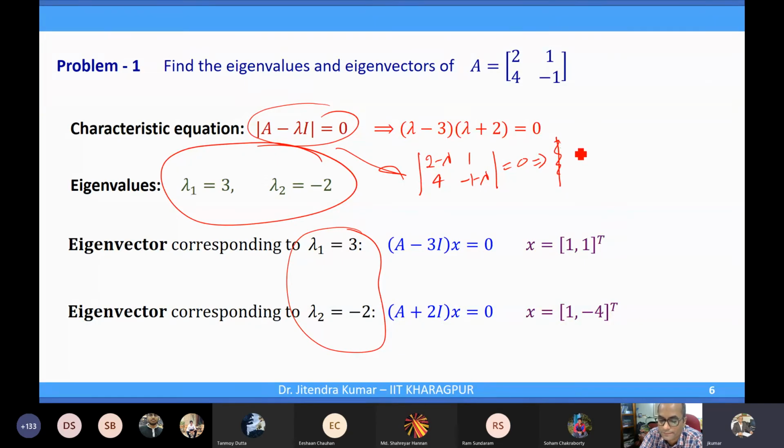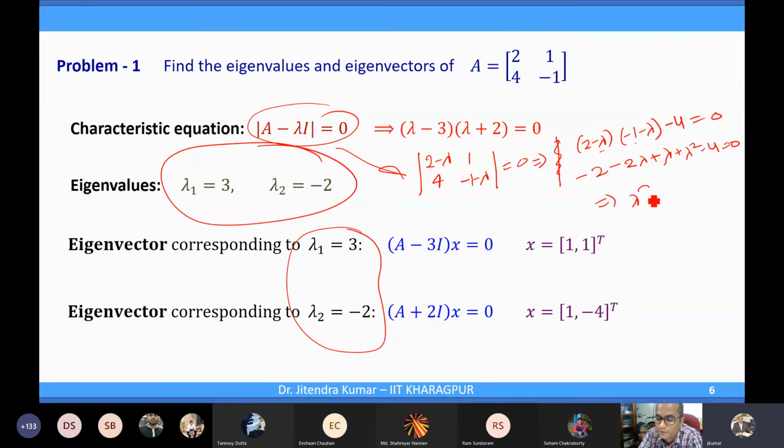Now simplify this: you have (2 minus lambda)(-1 minus lambda) minus 4 equal to 0. This determinant expands to -2, then -2 lambda, plus lambda, plus lambda square, and -4 equal to 0.